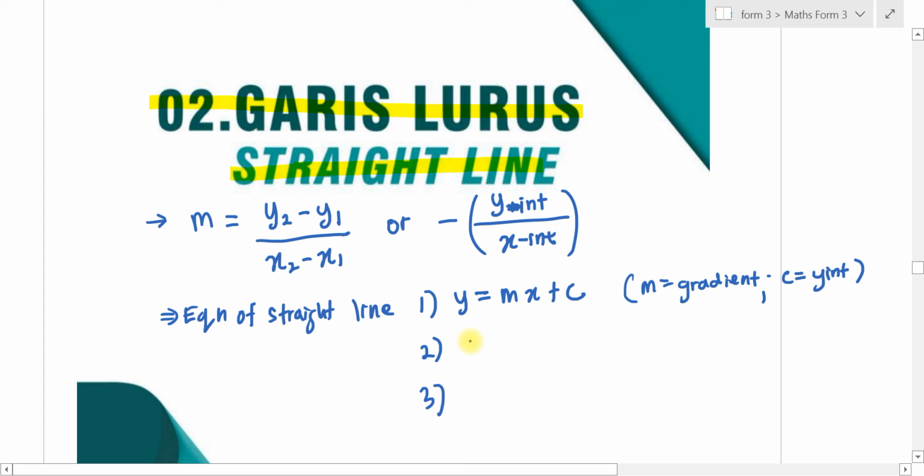And number 2, you also can arrange the formula like this. Or the intercept form also can. There are 3 ways we can write the equation.